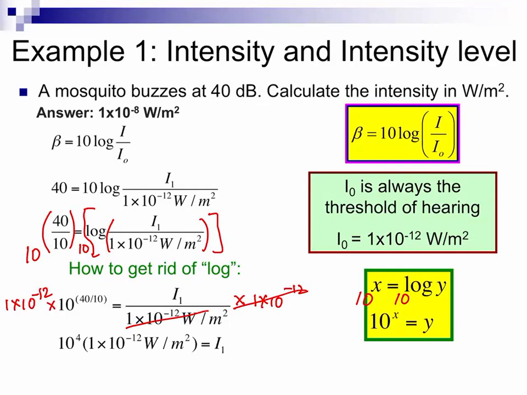So you have I is equal to 1 times 10 to the minus 12 times 10 exponent 40 divided by 10, which is 4. You do the multiplication, and that will give you the intensity, 1 times 10 to the minus 8.